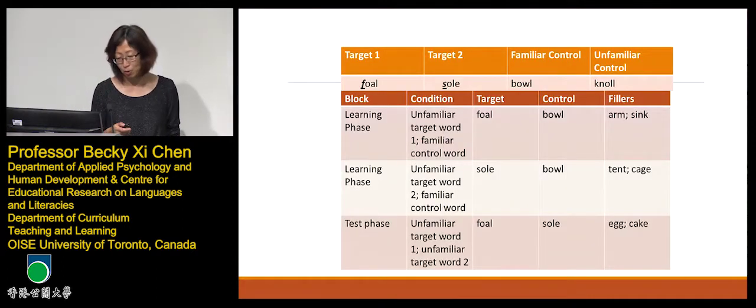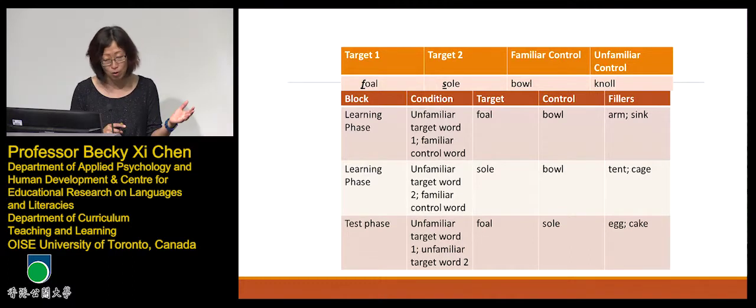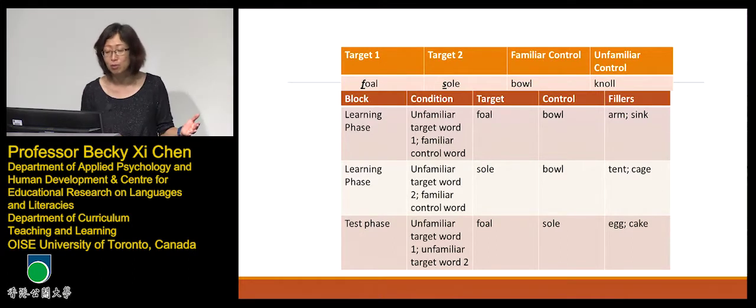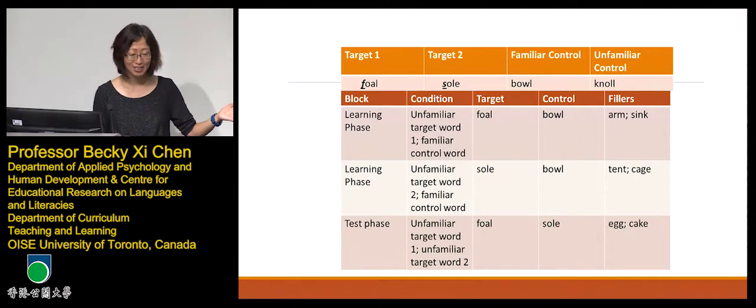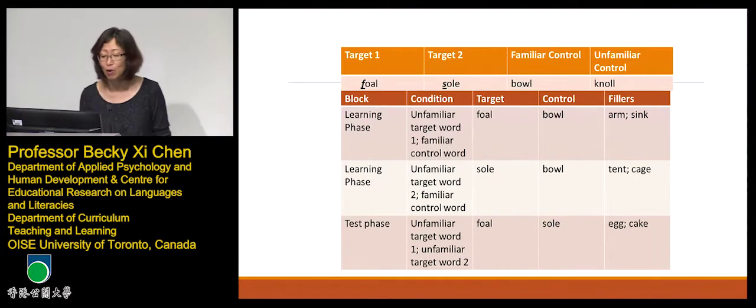So the goal is that children will be able to differentiate between the word fo and the word so. These are minimal pairs, fo and so. But then we have a control word, bo, which is supposed to be a familiar word. Especially in Canada, in the English-speaking context, everybody knows what bo is.